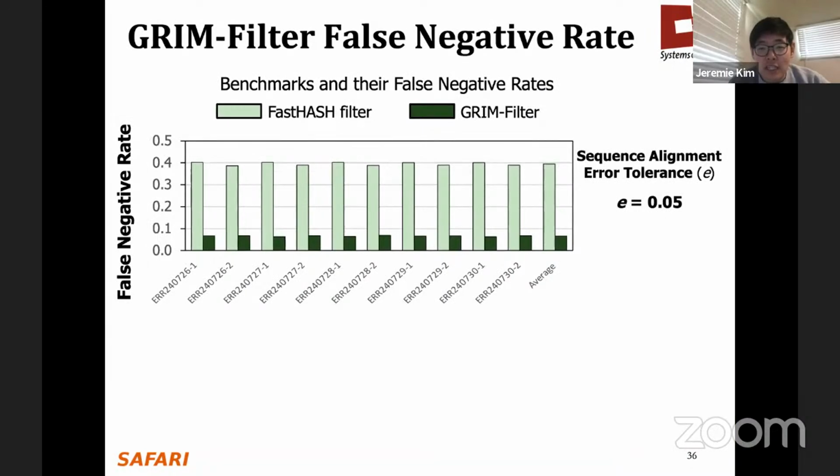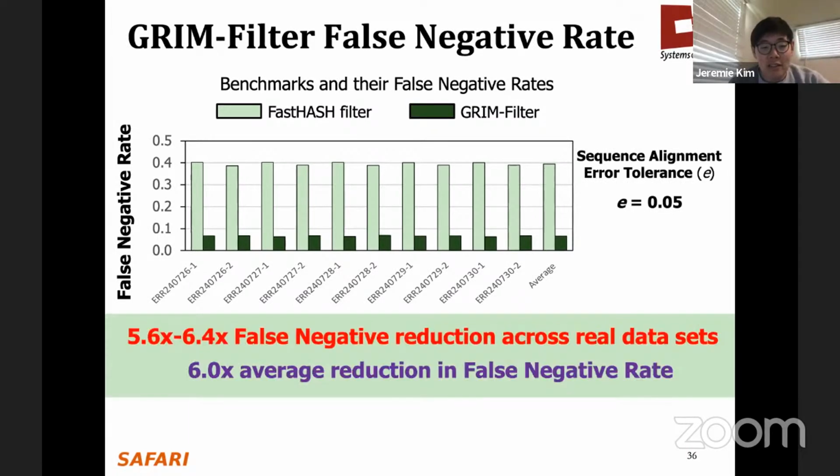So in terms of the false negative rates, where the false negative rates here are on the y-axis, we get up to 6x fewer false negatives, which means that you can check much fewer locations for alignment.